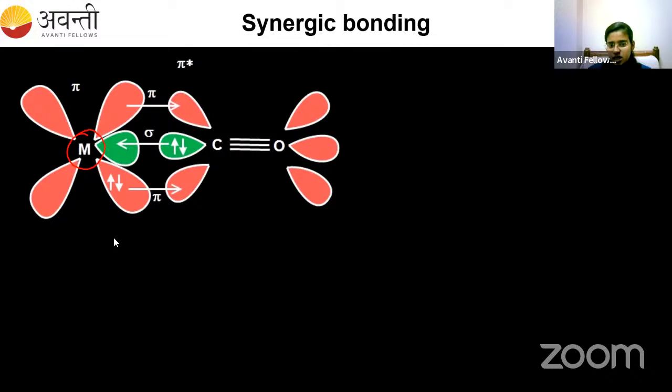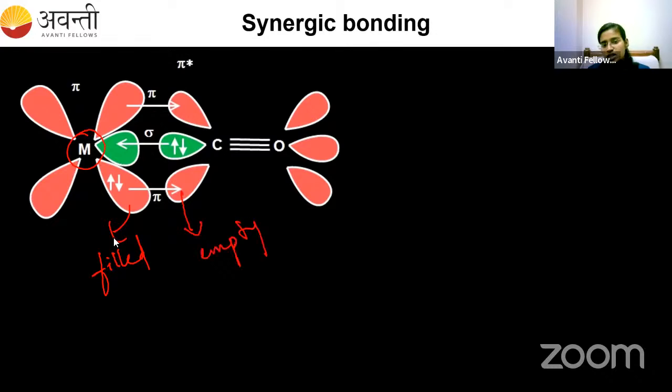The pink color is one d orbital and this d orbital is filled. And the carbonyl ligand is also having orbitals, bonding and anti-bonding orbitals. The pink color is the anti-bonding orbital, which is empty.